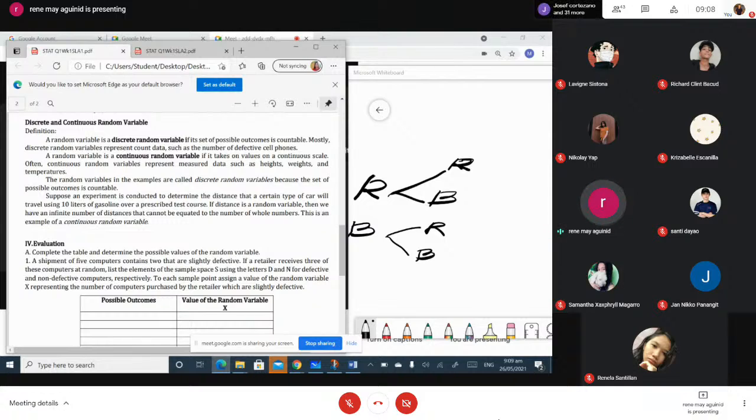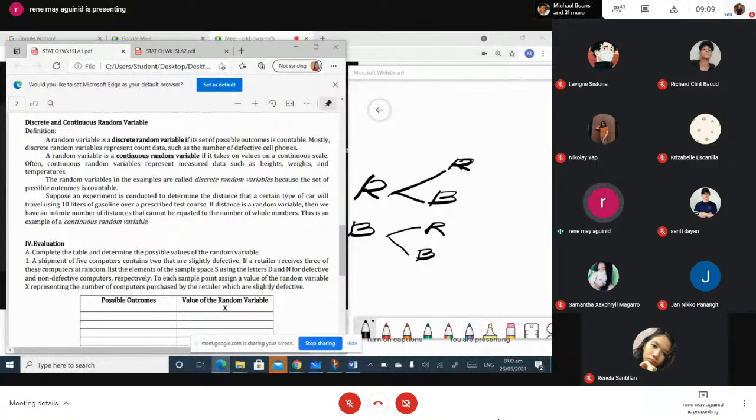So, to determine which it is, for example, an experiment on the distance a certain type of car will travel using 10 liters of gasoline over a prescribed test course. If distance is a random variable, then we can say that it's an infinite number of distances that cannot be equated to the number of whole numbers. So this is continuous. Why is it?